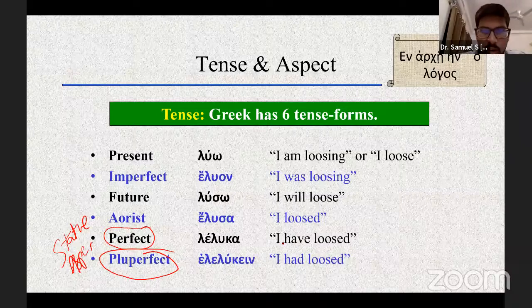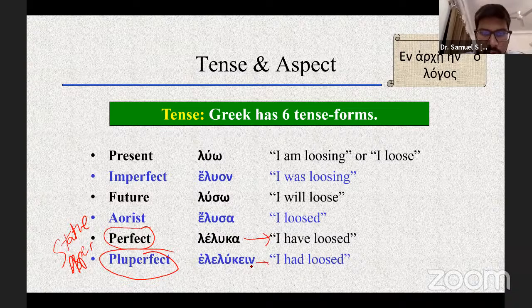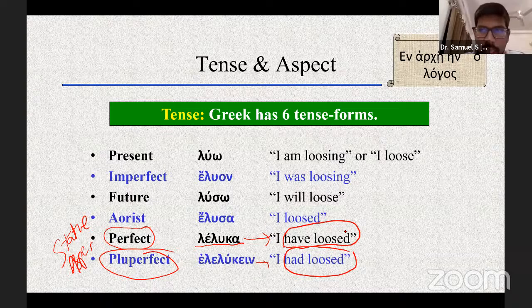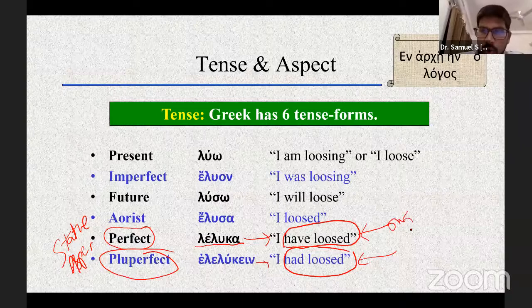And all that they've done to translate it is Leluka is I have loosed, and Elelukein is I had loosed. When you read this English, you don't really see that there is an ongoing relevance.